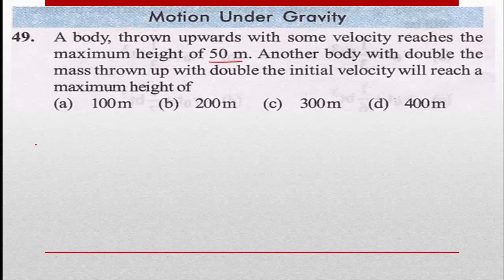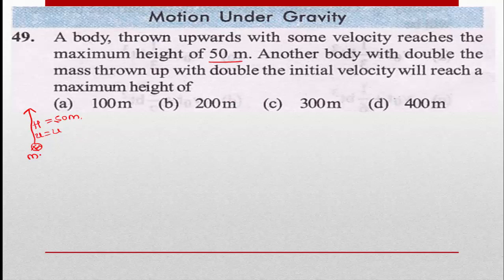Now we consider this is the body of mass m. A body thrown upwards with some initial velocity u, and it reaches the maximum height h equal to 50 meter.